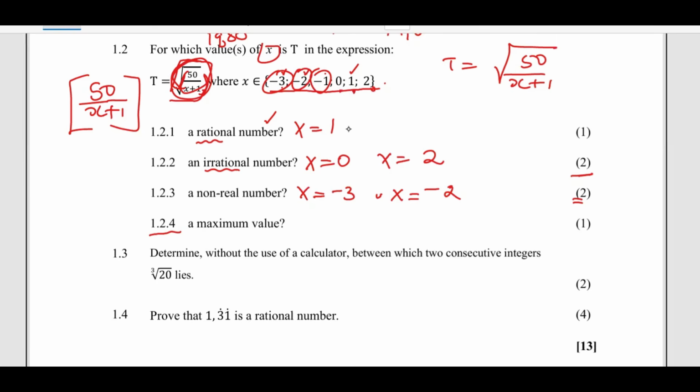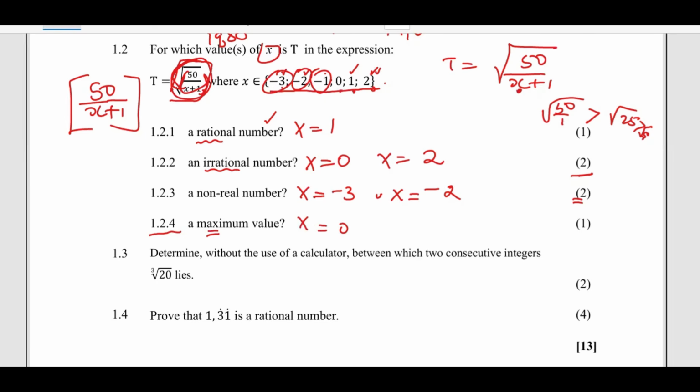Now, the higher the number that we use, the more it increases the denominator. And the moment the denominator becomes bigger, the value of the entire expression becomes smaller. Our interest is the maximum, so if x is a 0 here, then you're going to have 50 over 1. Square root of 50 is bigger than replacing x with a 1 to give you the square root of 25, which is also bigger than the square root of 50 over 3. So x needs to be a 0.